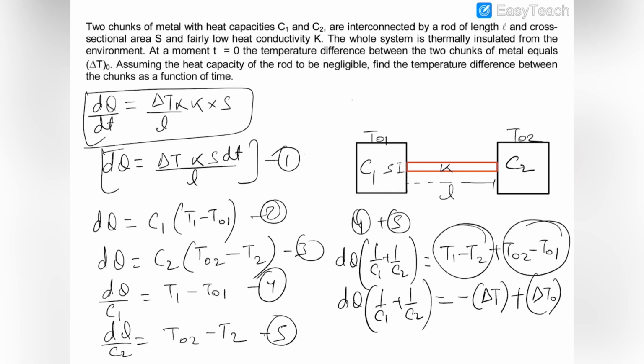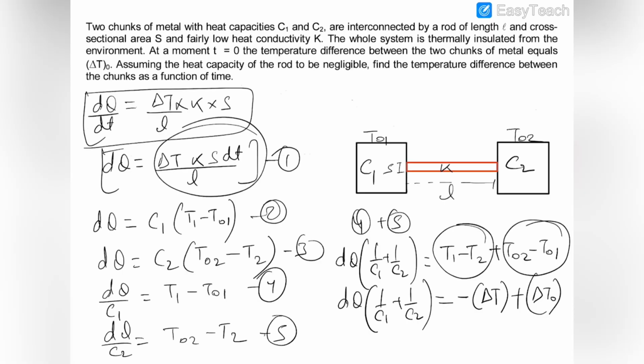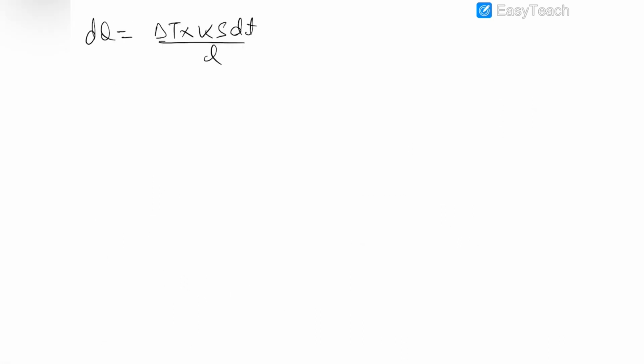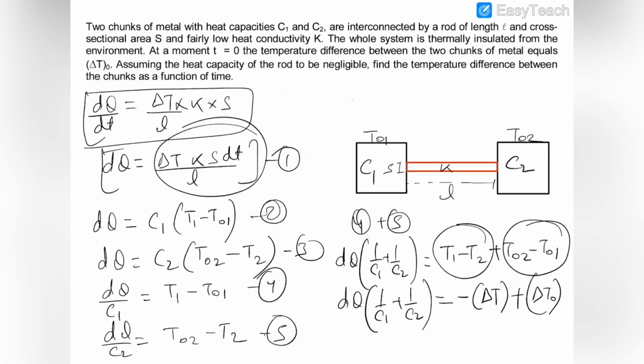Now let us see that dq was equal to delta T into Ks dt by L. So dq was delta T into Ks dt by L, and I am multiplying it with 1 by C1 plus 1 by C2 in this equation.